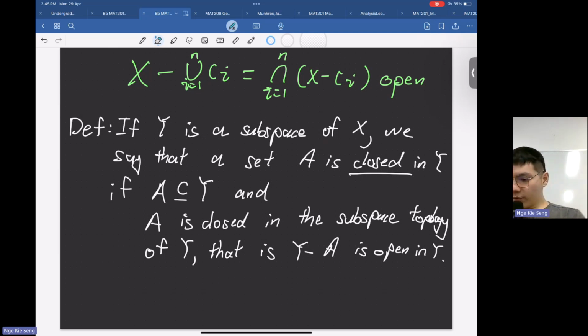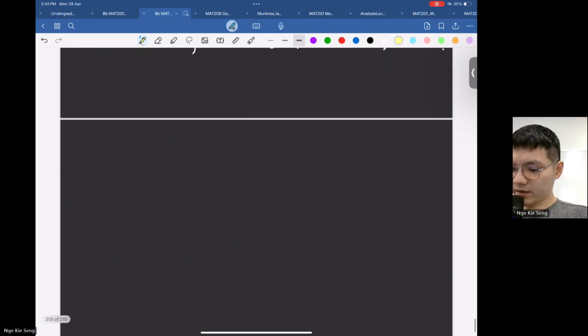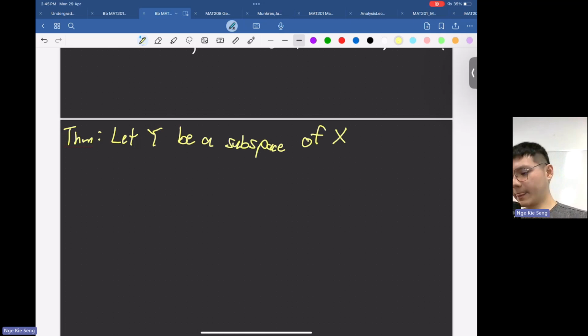Okay, so there are two lemmas here. Let's write down the lemmas and then discuss them a little. First theorem: let Y be a subspace of X. What does subspace mean? It's not a vector subspace.